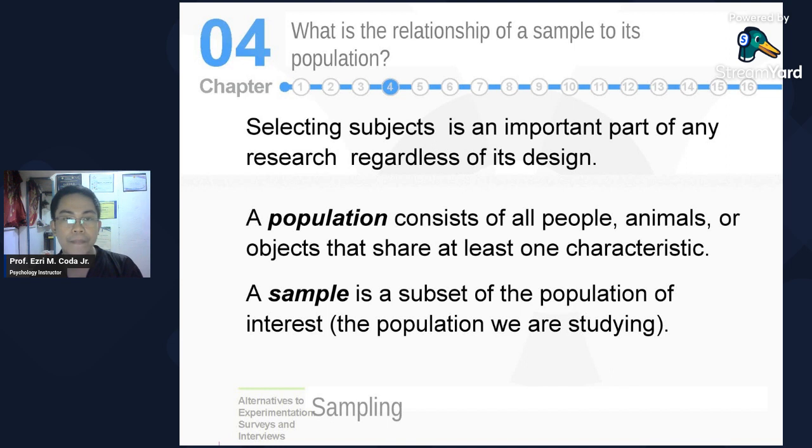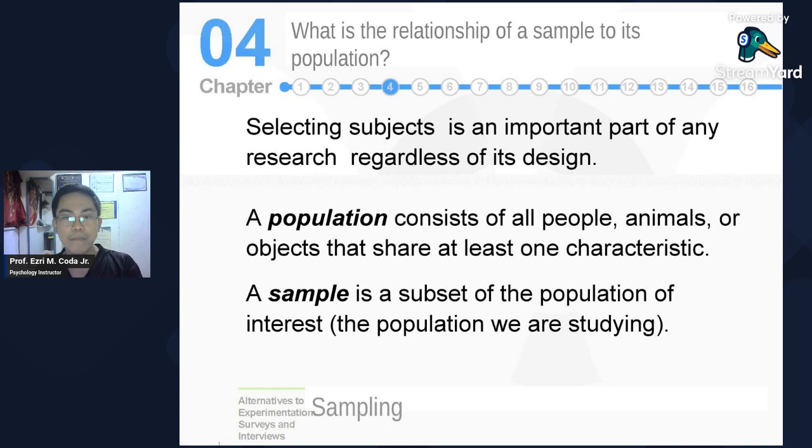For example, you intend to know the level of anxiety amongst the psychology students of a certain school. So your population are all of the psychology students. Now your sample is a portion, and there are ways on how to get your sample.